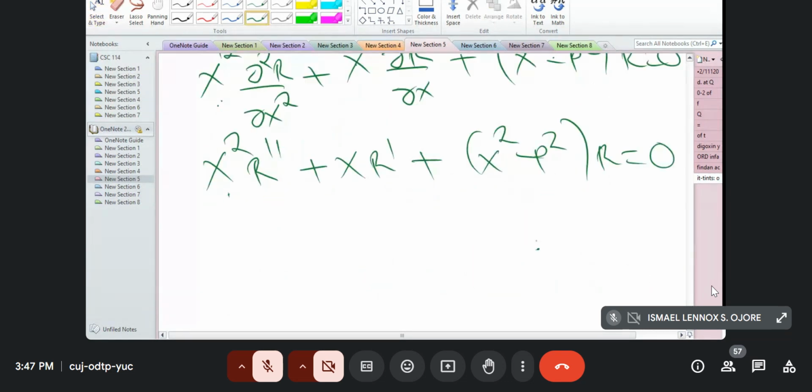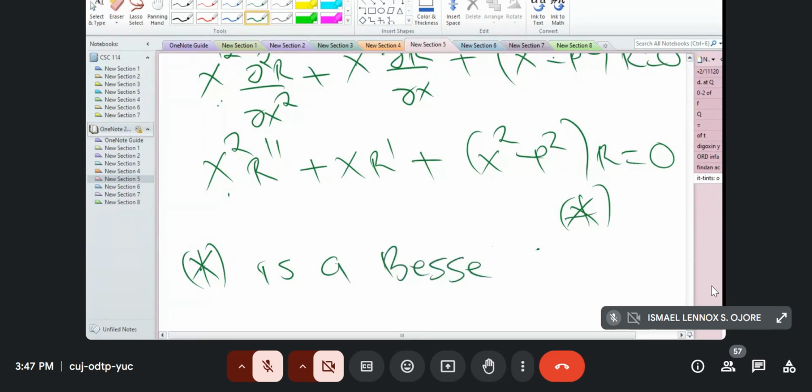You can label this as star, then proceed to say star is a Bessel's differential equation.